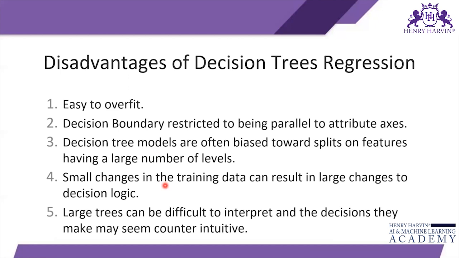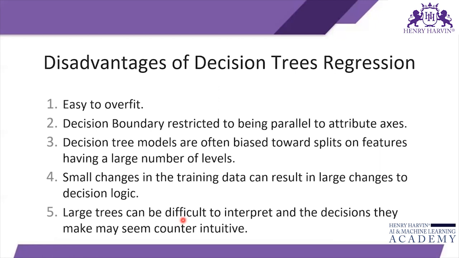Small changes in the training data can result in large changes to the decision logic. So if you change the data at a small level, still that small change will result in large changes to the decision logic.